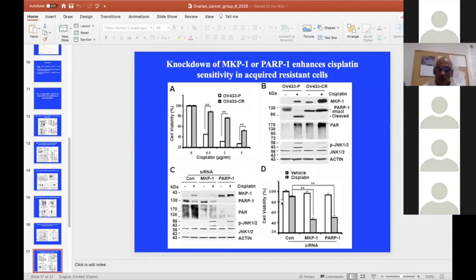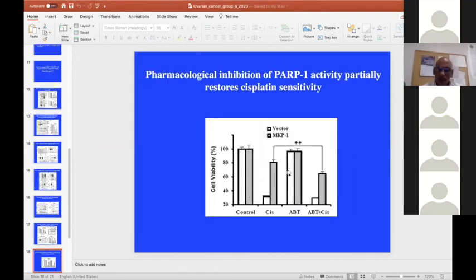And also we looked at the cisplatin sensitivity. So here we show that when we knock down MKP1 or PARP1, we can increase cisplatin sensitivity. Lastly, we have these MKP1 overexpression cells. This is very preliminary data.